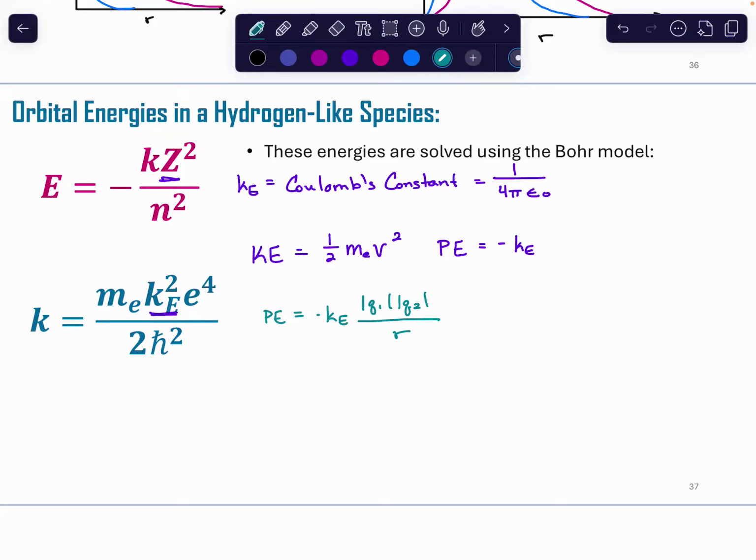In this case, if we have a proton in the nucleus and an electron, both of these are going to have the base charge of E. So that means this potential energy is going to be, so we need to include the atomic number, and then E times E is E squared over your radius R. That's your potential energy of an electron.